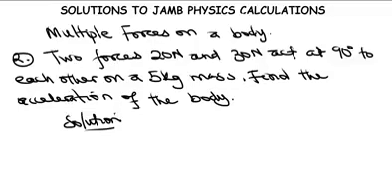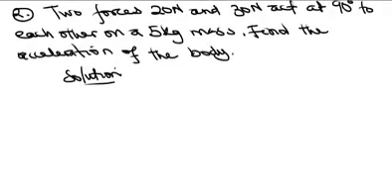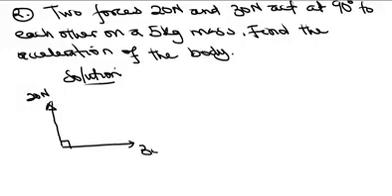Two forces are acting at 90 degrees and the magnitudes are 20 Newton and 30 Newton. So you have two forces acting at 90 degrees, the first force is 20 Newton while the second is 30 Newton.